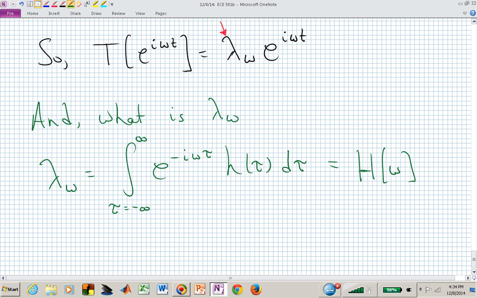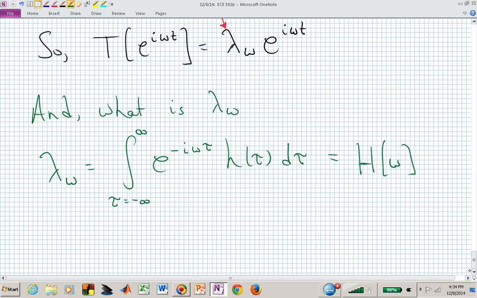And that's what we've now found is what? This is consistent with our eigenvalue. You give me a frequency, and I'll give you a capital H. Give me a W, H of W, where H of W is now this eigenvalue. But now W is a continuous parameter.